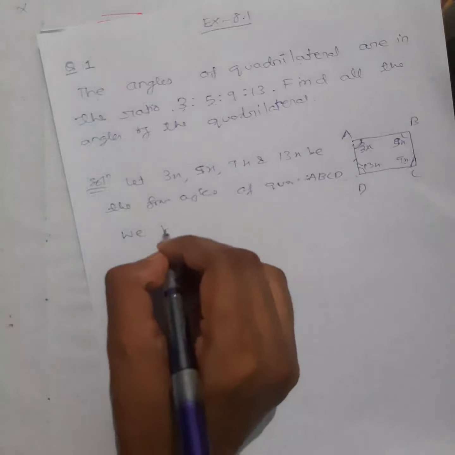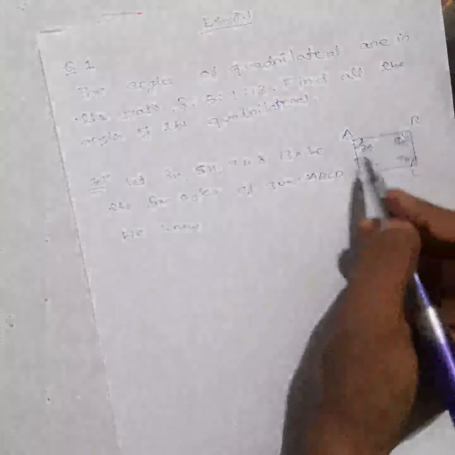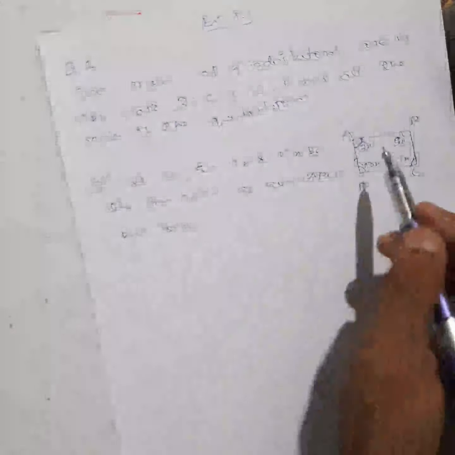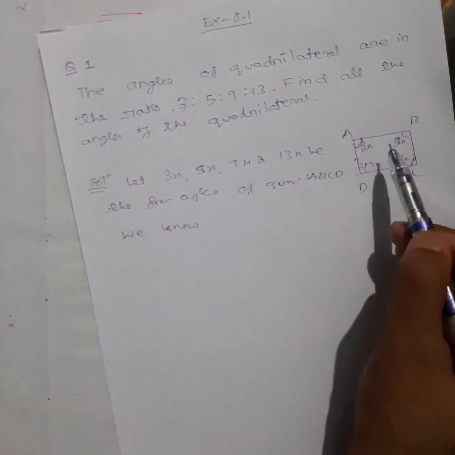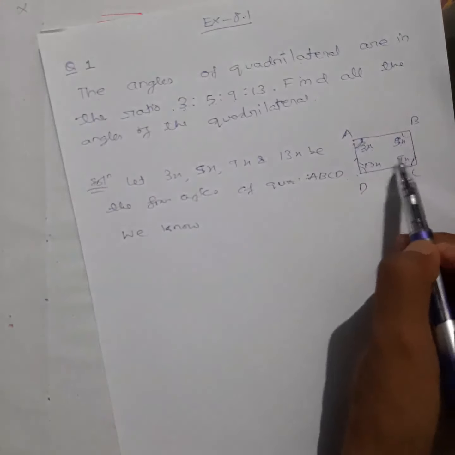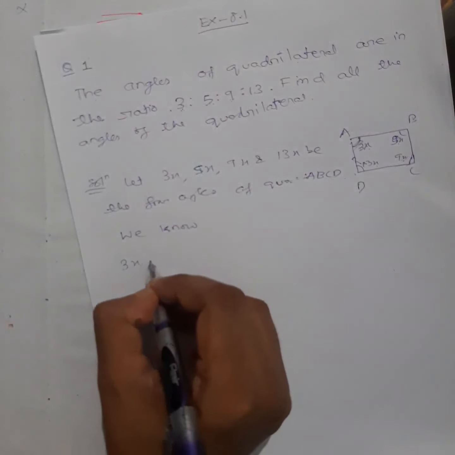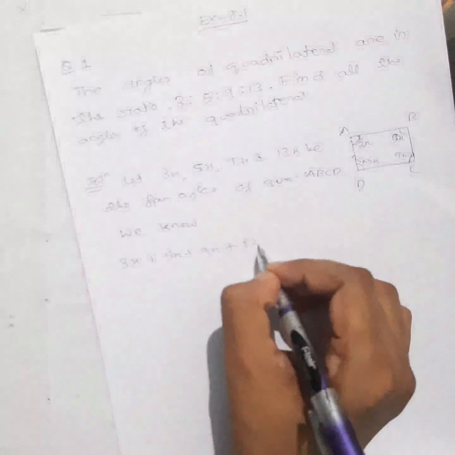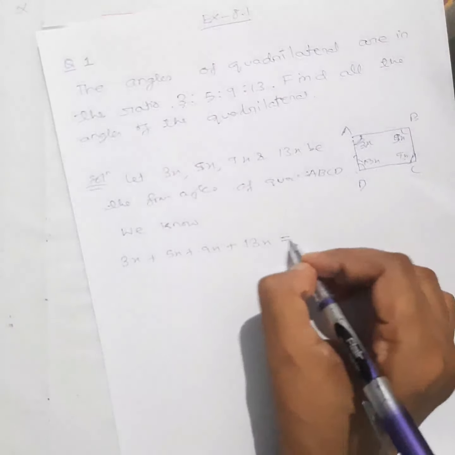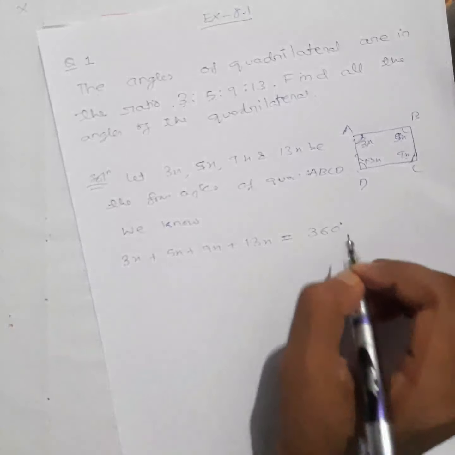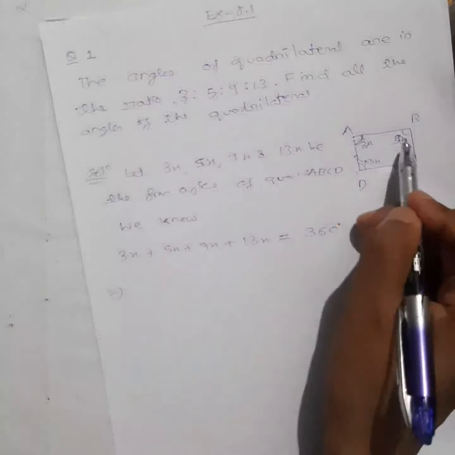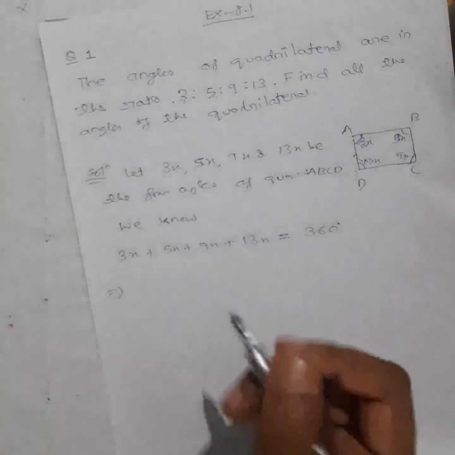We write the equation from what we know. The sum of all these angles will be how much? 360 degrees. So 3x plus 5x plus 9x plus 13x is equal to 360 degrees. You just need to solve for x from here. Once you know x, you can know what each angle is.